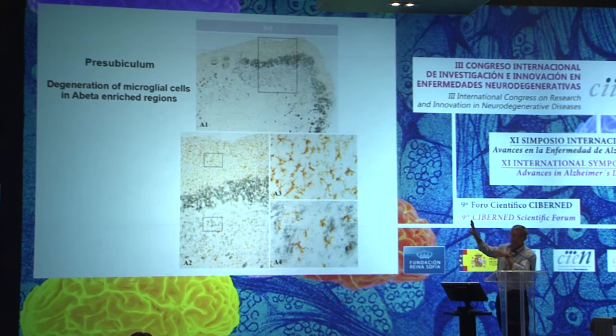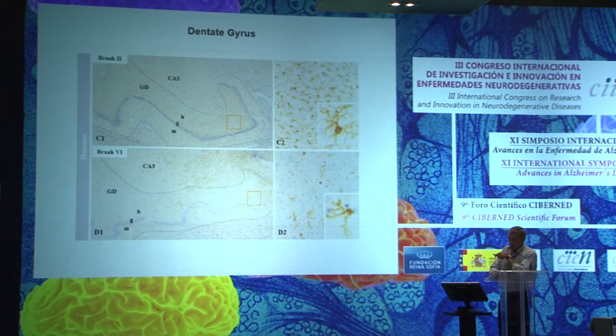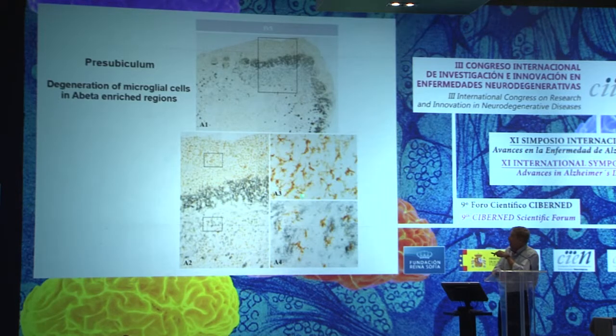This is a BRAAK 5 to 6 individual. However, in the deep layers, the microglia seems to be totally degenerating. From this observation, we can conclude that A-beta could be toxic for the microglial cells.